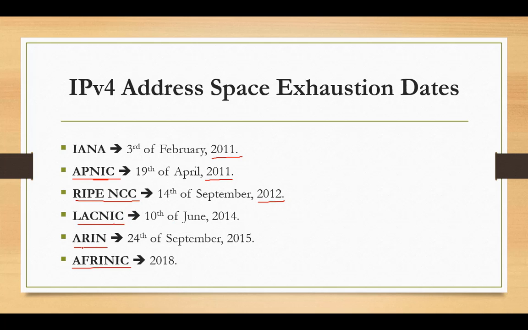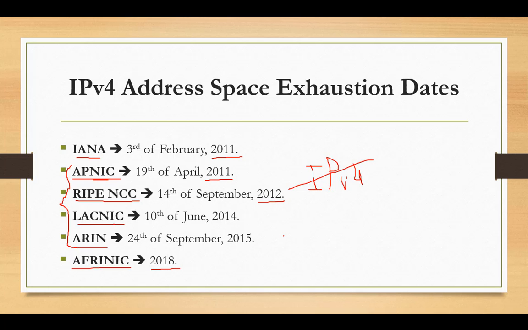Four of the five regional internet registries announced the depletion after IANA, and it is expected that AFRINIC will make its announcement in 2018. This means that IPv4 is not available anymore. Bye bye IPv4, it has been depleted.